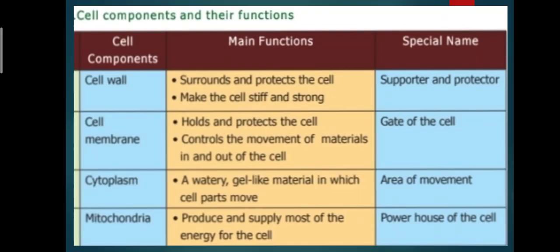Second one, cell membrane. Present in both plant cells and animal cells. Selectively permeable. That means it allows materials and nutrients in and out of the cell according to the requirement of the cell. Functions: enclose the content of the cell, provide shape to the animal cell, allow transport by diffusion and osmosis.